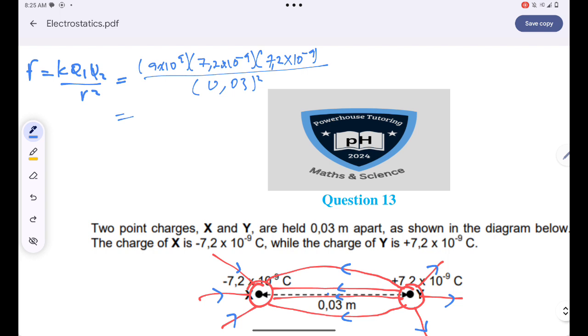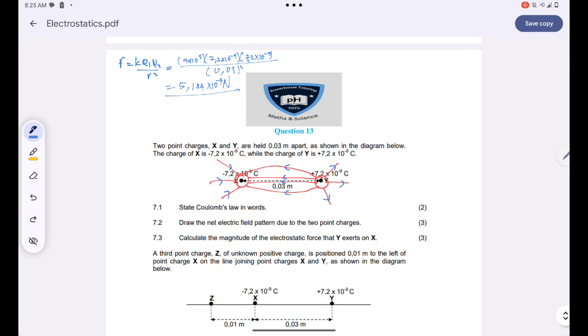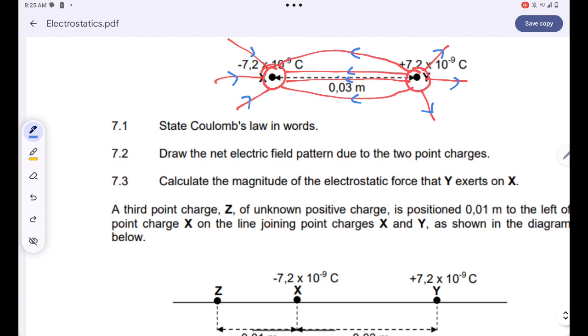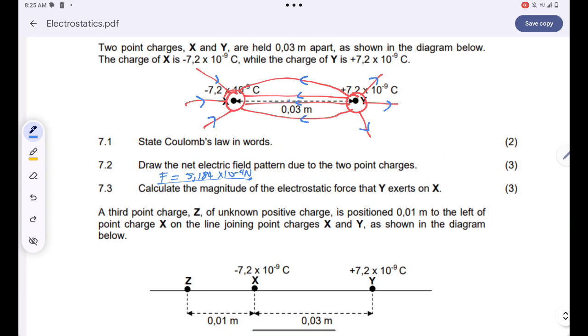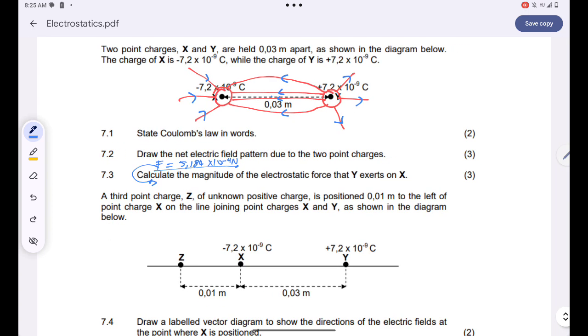I wrote negative 6 there, but it's 10 to the power negative 9. So this will basically give me 5.184 times 10 to the power negative 4 newtons. So the electrostatic force between the two charges is 5.184 times 10 to the power negative 4 newtons. And yes, it's an attraction force. I should have written this there, but it's okay.